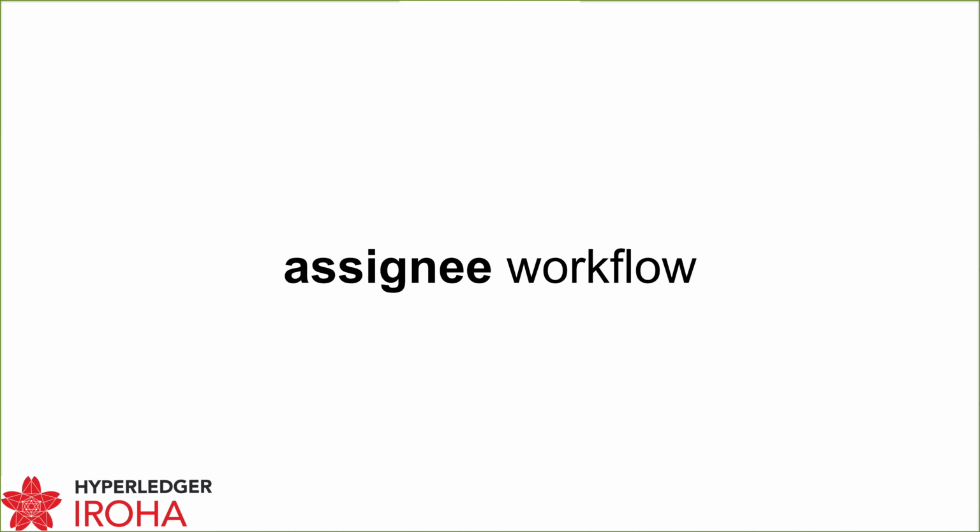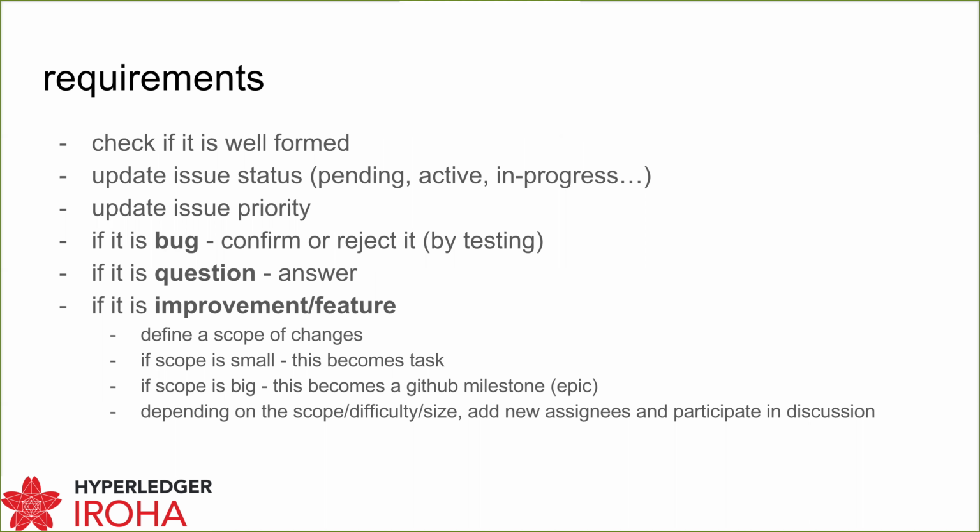For assignees, the assignee is the one who is assigned to be responsible for supporting the issue. For the assignee, the requirement is to check if it is well formed, as I mentioned before, with the rules, and to update the status. So the assignee will be responsible for changing priorities and labels and everything else.